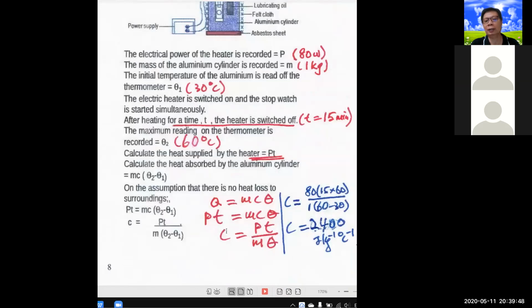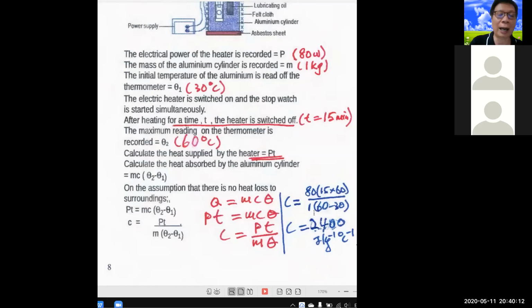So you calculate and get the specific heat capacity. For example, here we get 2,400, which is not accurate, but it must be bigger than the standard value of specific heat capacity.